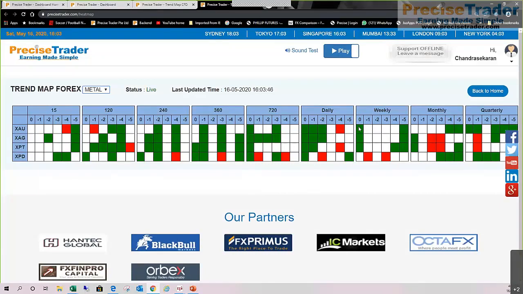So overall, the strength is still there. But the only concern is the monthly is flat. Monthly has to break the high, then we may see higher prices. Otherwise, the market may fall back into range trading until the breakout. So this is our only concern for the bulls, if you wanted to go on the buy.